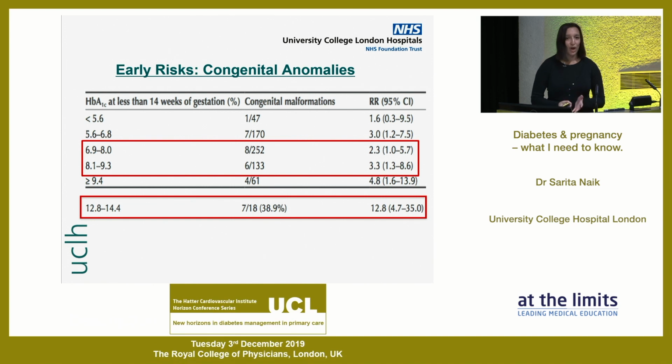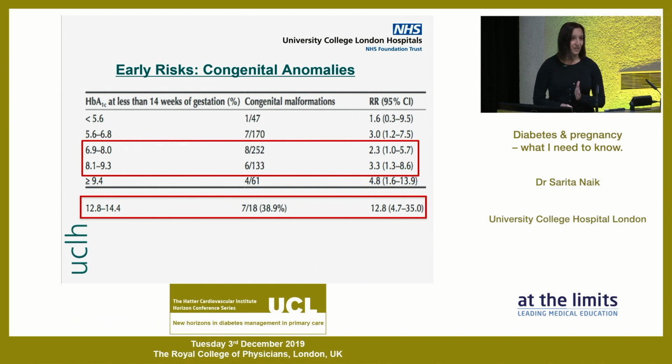And it's all glucose-fueled teratogenesis. So when you look at the HbA1c on the left-hand side in the first trimester, you can see the number of congenital malformations and the relative risk on the right-hand side. And essentially, if your HbA1c is around 7 to 9%, your risk is around 3 to 4-fold higher for congenital anomalies.